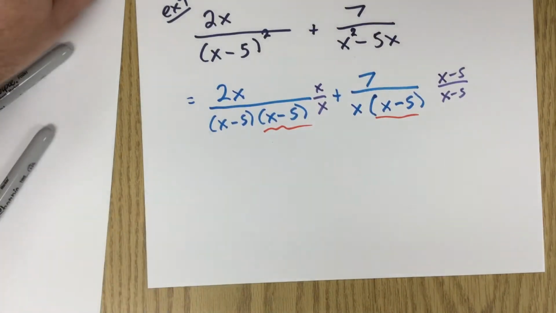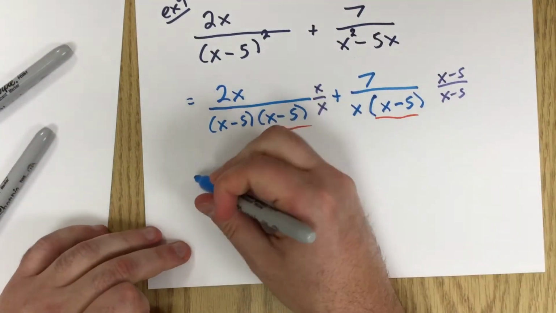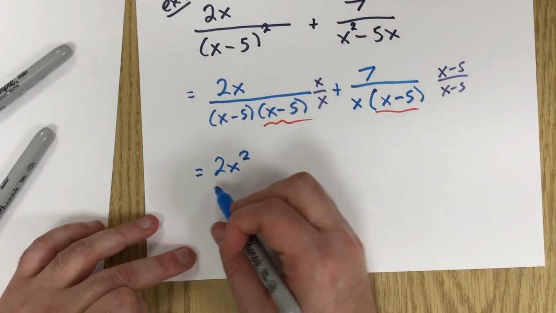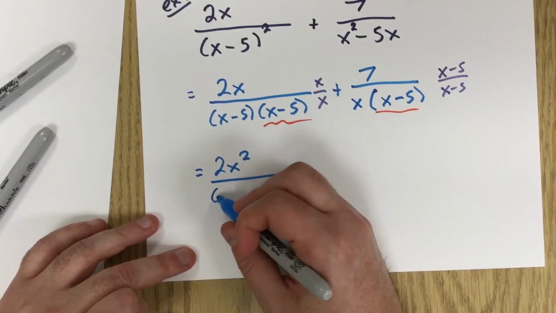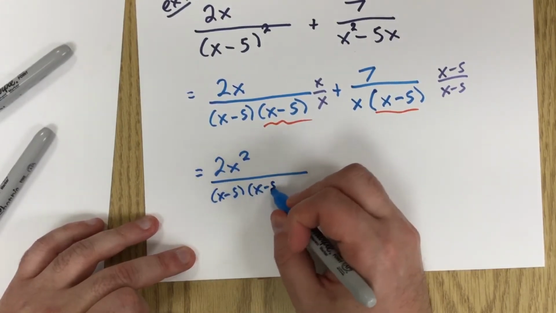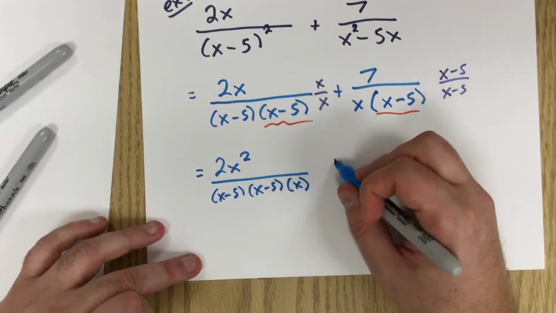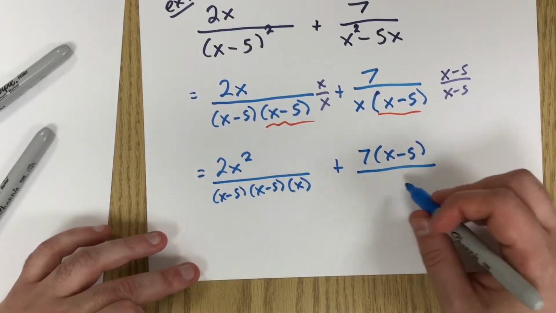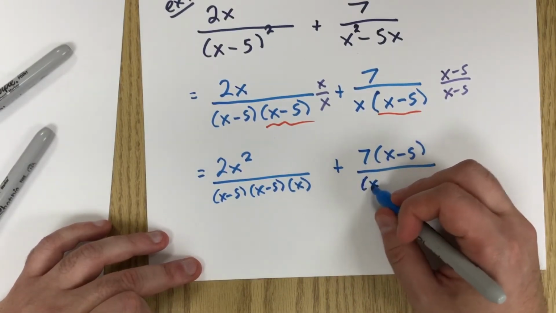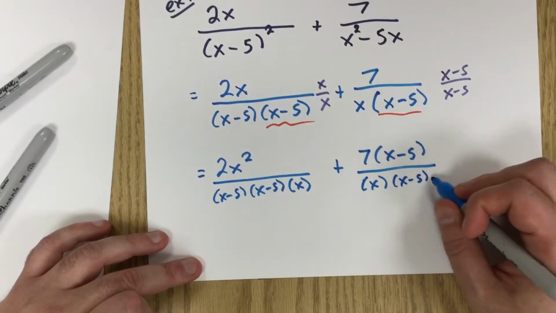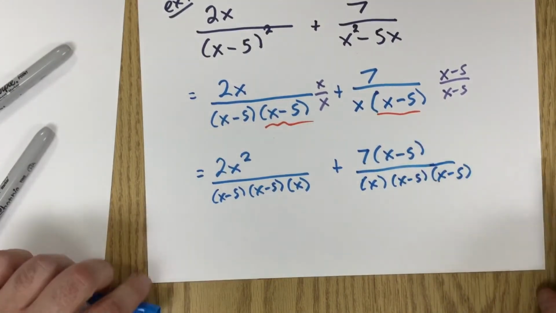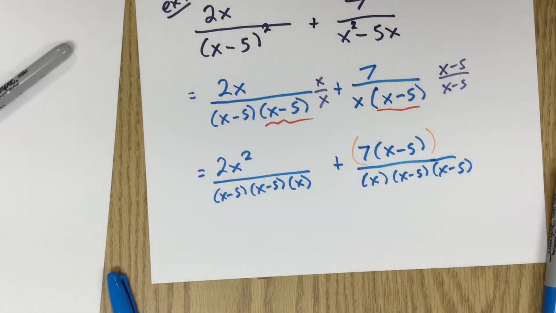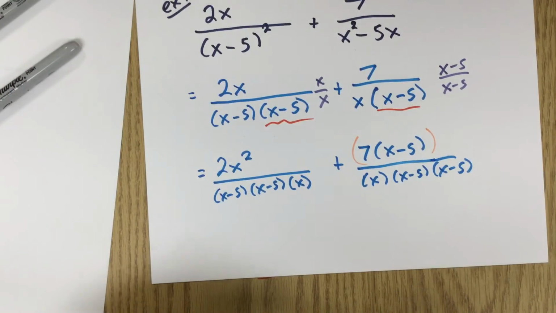So that's going to give us 2x times x is 2x squared over (x minus 5) times (x minus 5) times x, plus 7 times (x minus 5) over x times (x minus 5) times (x minus 5). By the way, we still have these things here, but when there's no minuses, it's not usually as important.